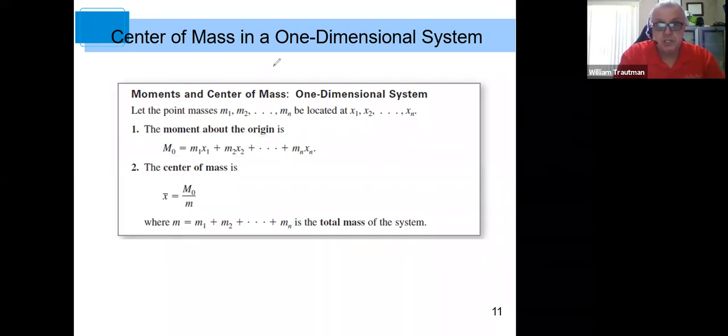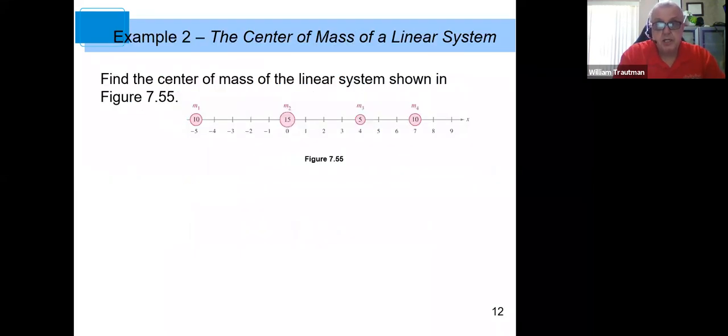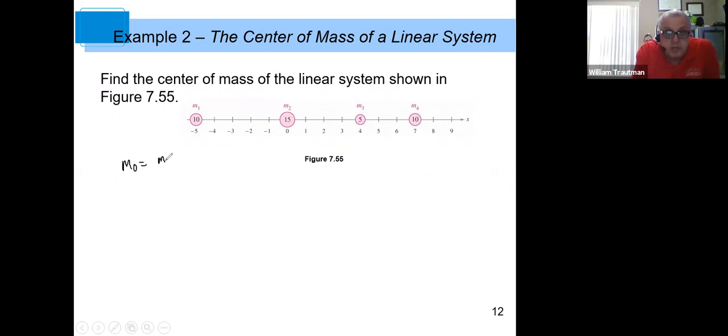All right, so let's take a look at a problem here. Find the center of mass. Well, let's write down the formula. The momentum equals m1 x1 plus m2 x2 plus m3 x3 plus m4 x4.